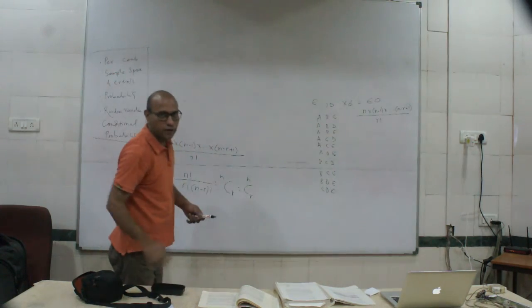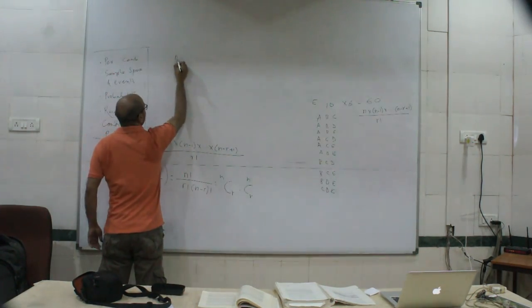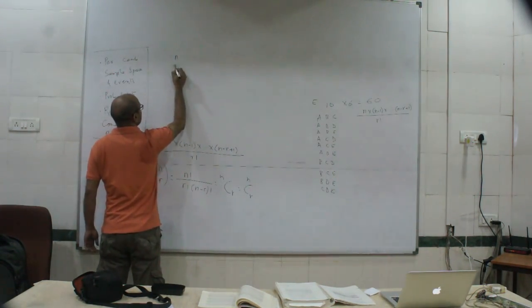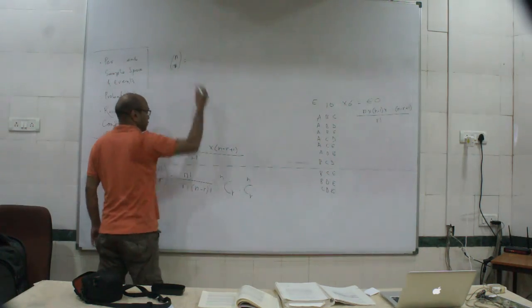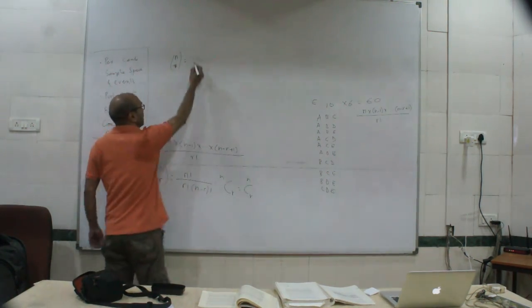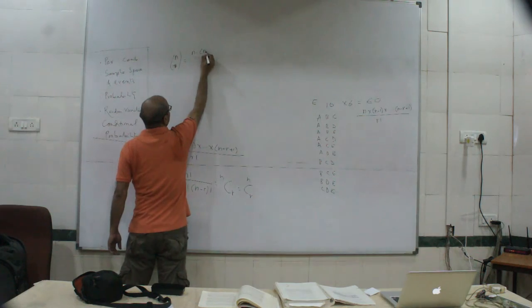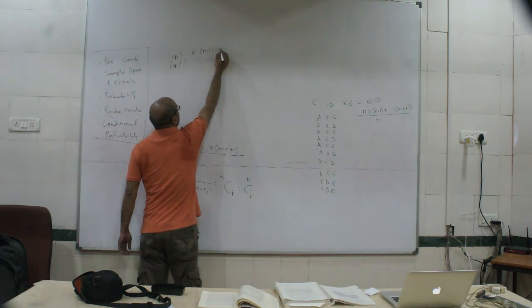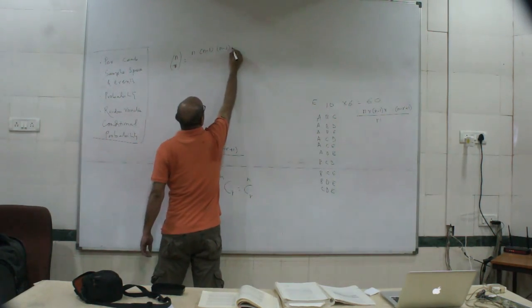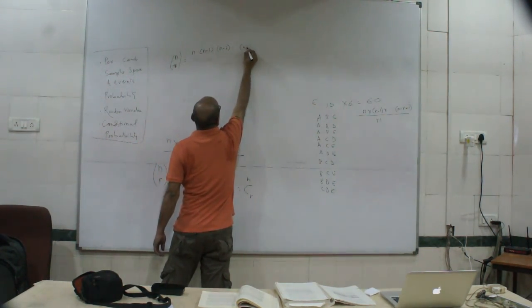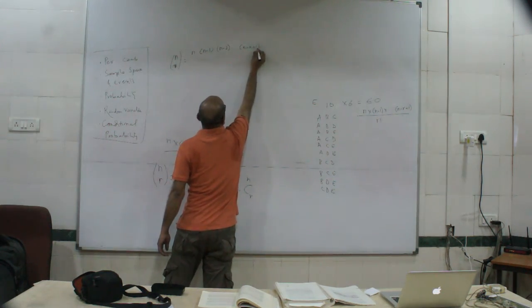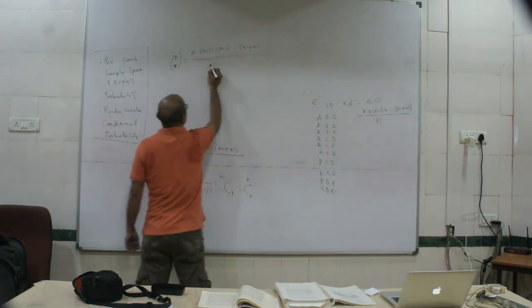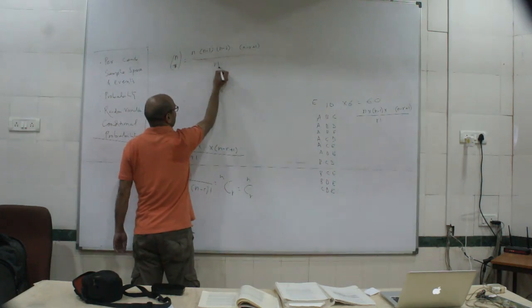What did I write to begin with? I wrote nCr is equal to n into n minus 1 into n minus 2 up to n minus r plus 1, upon r factorial.